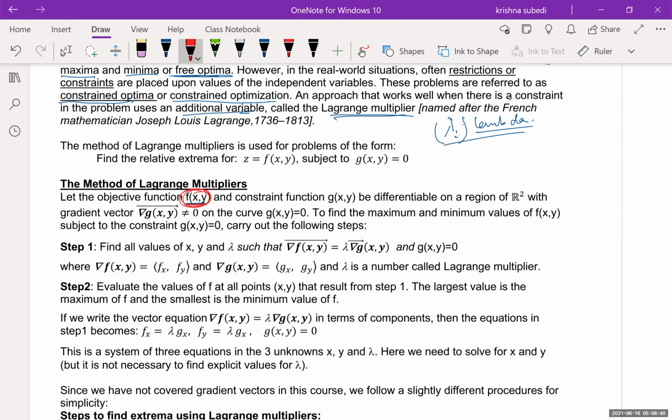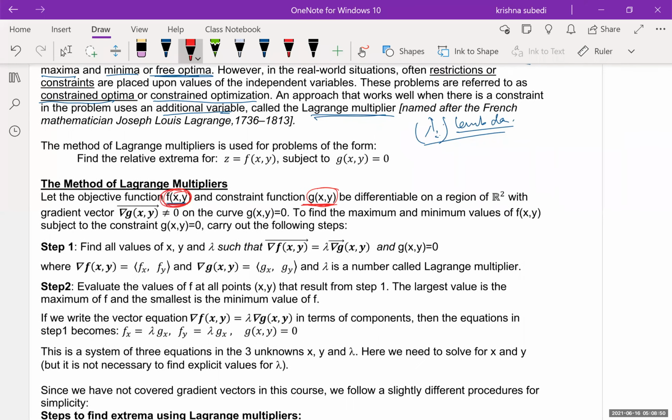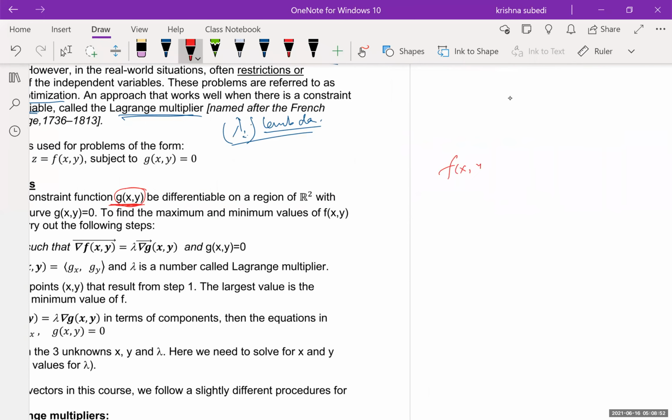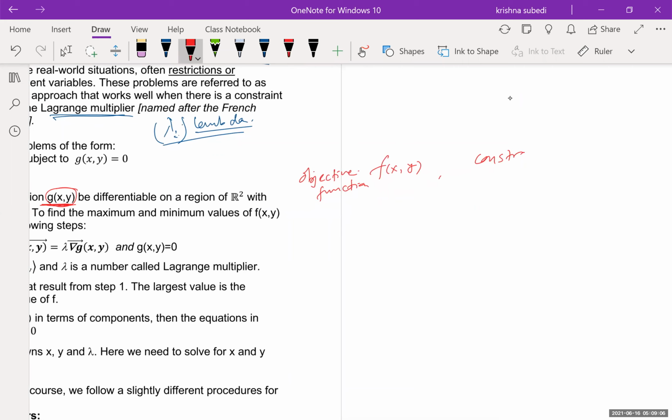But that function comes with some constraint, another function, and we call it the constraint function. This is the function that we want to maximize or minimize, and we have the constraint function, let's say denoted by g.